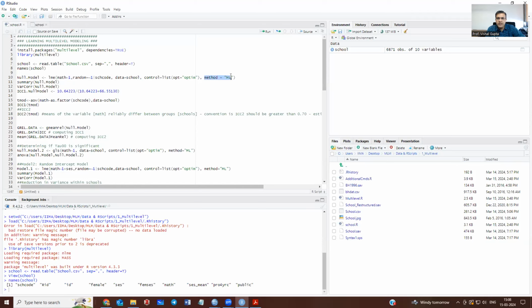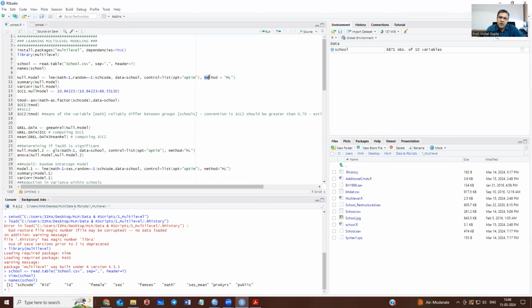Now you will see I have added one more command in the function. I have specified method is equal to maximum likelihood. Yesterday, I think there was a question. Kanika asked the question. Restricted maximum likelihood, as I said, cannot be used when we compare models.